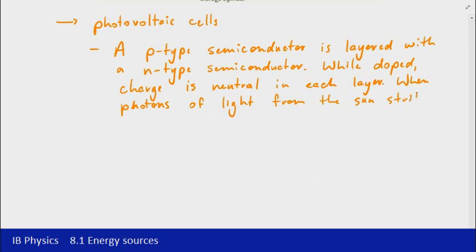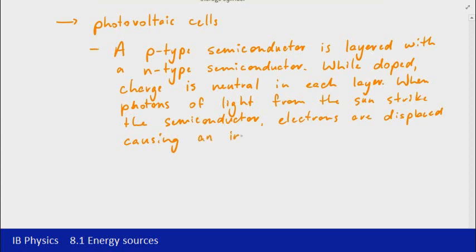So photons strike the semiconductors, and we end up seeing electrons being displaced. If electrons are displaced, that means we start to form a charge separation, or an imbalance of charge.